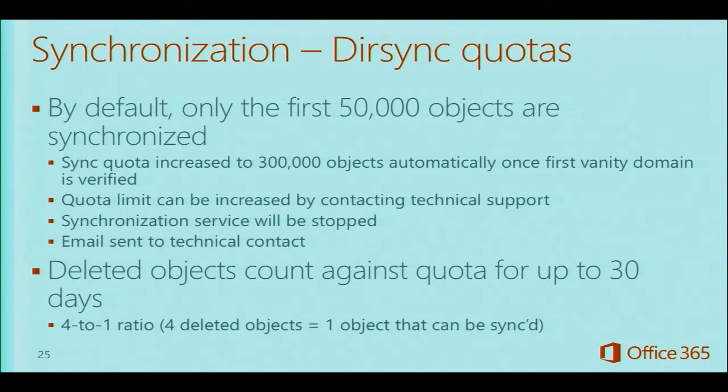And by the way, as an aside, when we talk about the technical contact for your tenant, typically what we recommend, if you're in a medium to large organization with multiple administrators, is that you use a distribution group for that contact so that multiple admins can be aware of it. If you're in a small organization or if you really do just have a single contact, you can use a single user SMTP address, an admin SMTP address, but generally we'd recommend that you use a group.